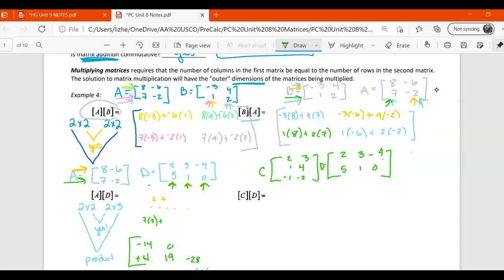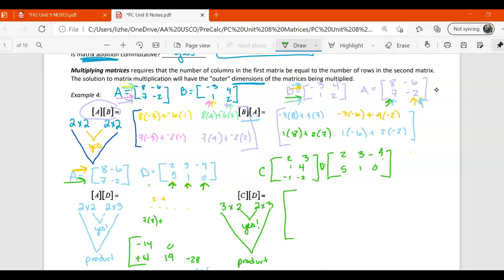Okay, so C is a 3 by 2. D is a 2 by 3. These numbers are the same, so yes, you can multiply. These numbers give me the dimensions of the product. So I'm going to get a 3 by 3.